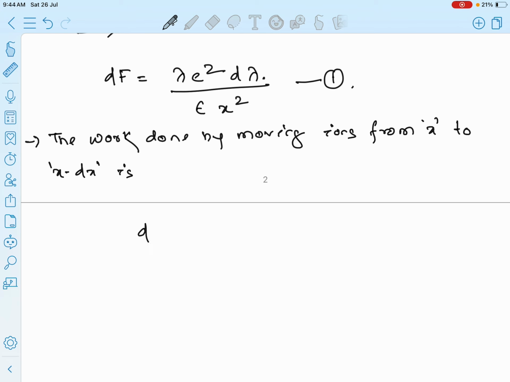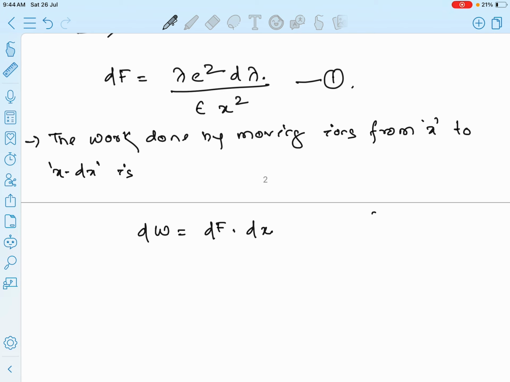So what would be the change in the work done? dW is equal to F, or a small variation in the force acting between the ions, times a small change in the distance between them.